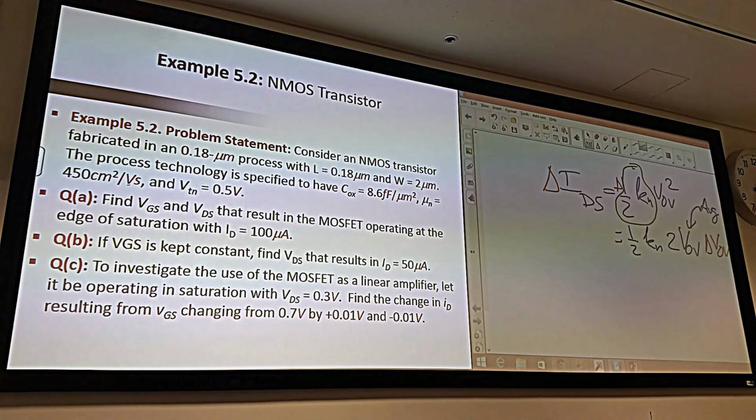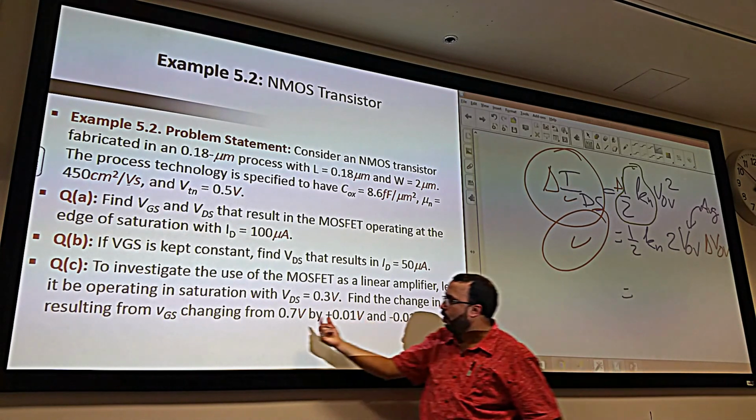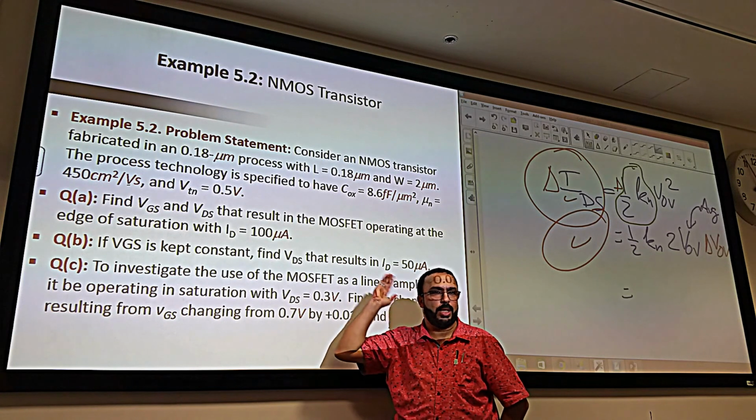This is math. Very good. The answer is this one. That's what we are looking for. Let's keep going. So the overdrive that we have here corresponds to the overdrive of 0.2.